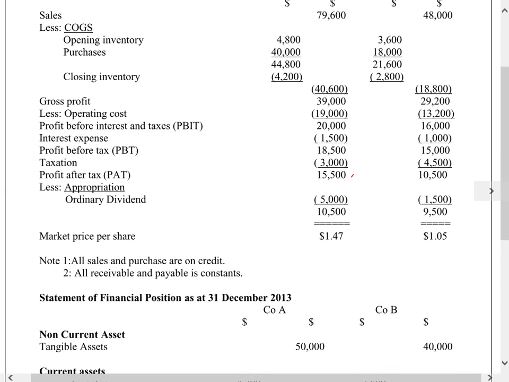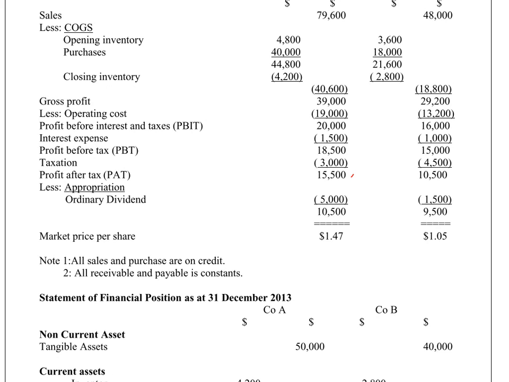This profit after tax, 15.5, belongs to who? Shareholder, company. And how many types of shareholders do I have? Sorry, this question has 1. But we know there are 2 types of shareholders, ordinary and preference. Which one should I pay first? Preference. Then the balance belongs to ordinary.